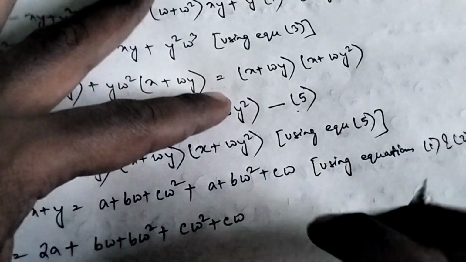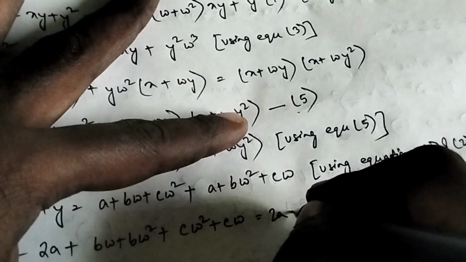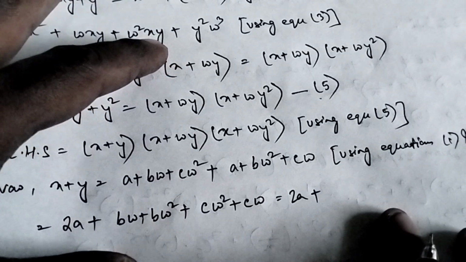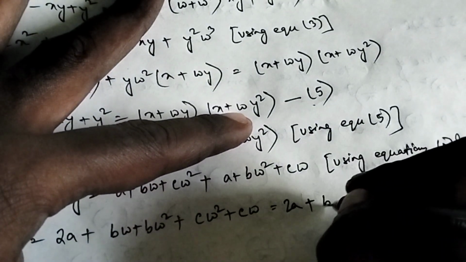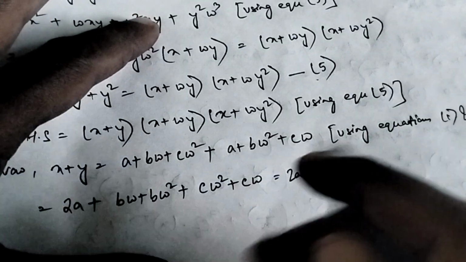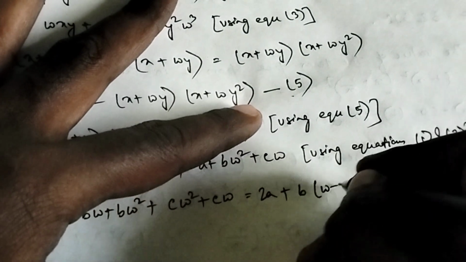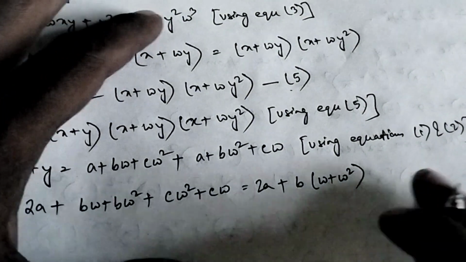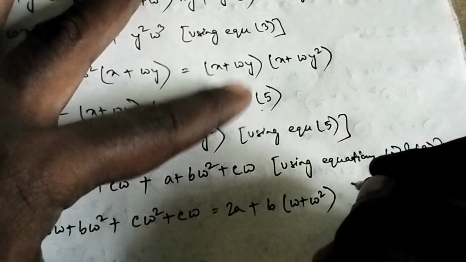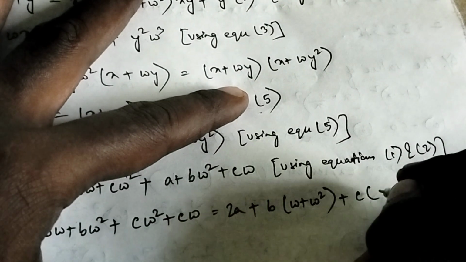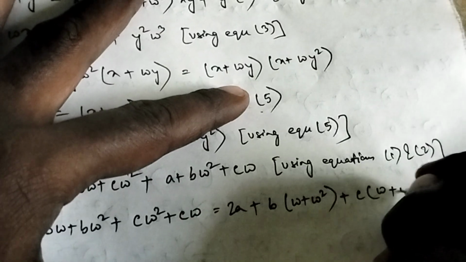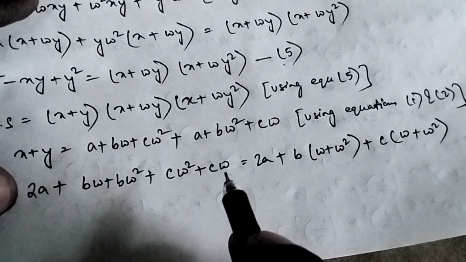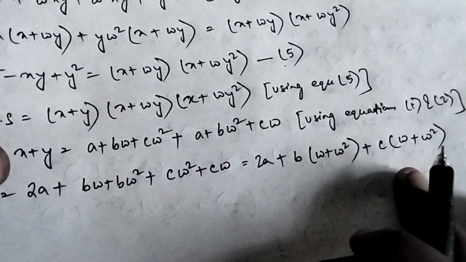Okay, 2a plus b, we can take b common from here, omega plus omega square. Here also we can take c common, omega square plus omega, and omega plus omega square is the same thing.